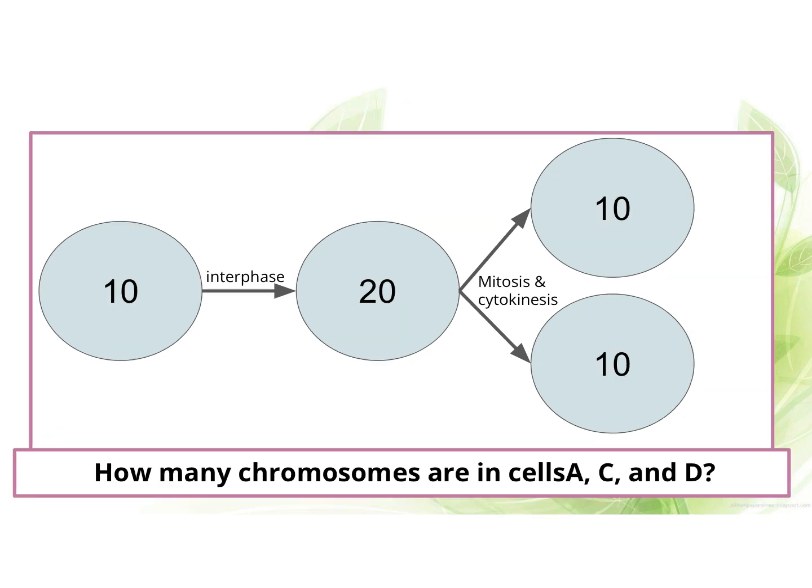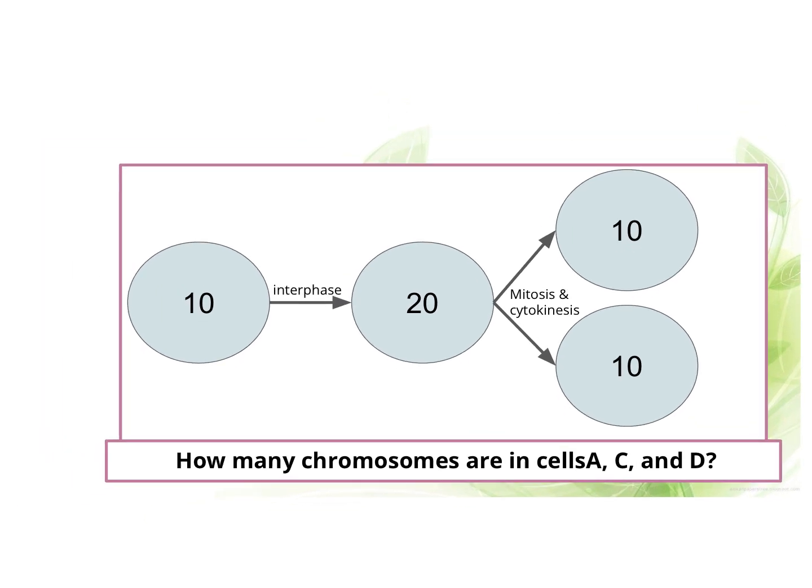On our next slide, we'll see the correct answers, and we see that we were right. They have the 20 chromosomes, and it splits up into two, so then we have 10 each. And before interphase, we have half as many as we did in cell B here, so we would have 10.